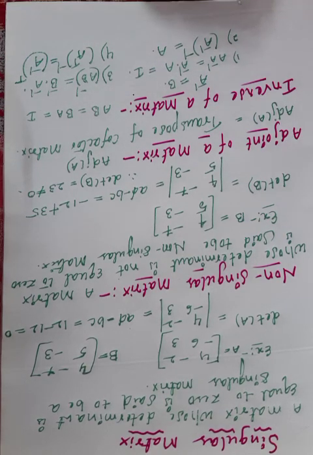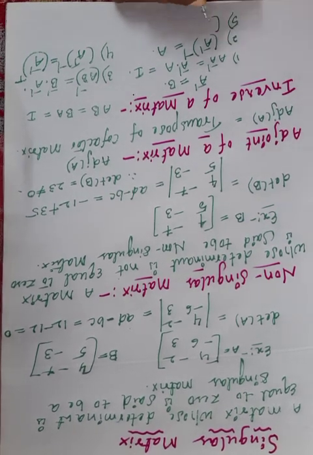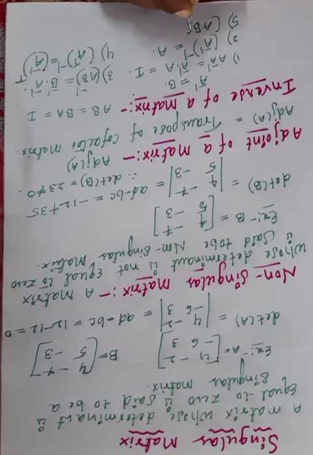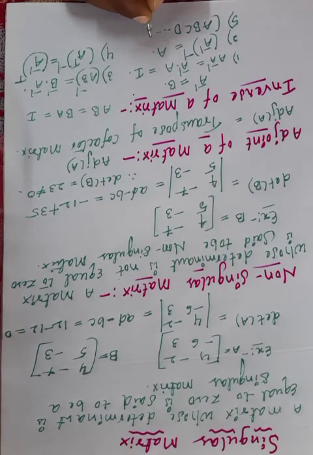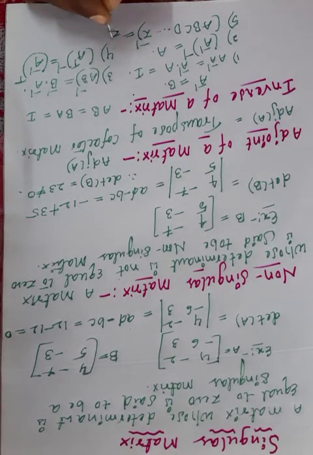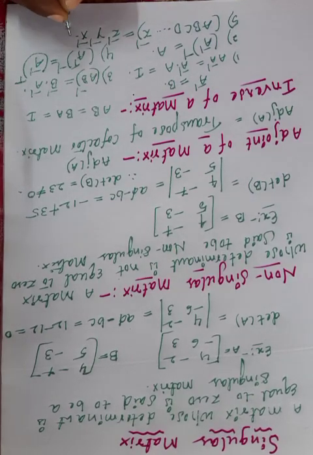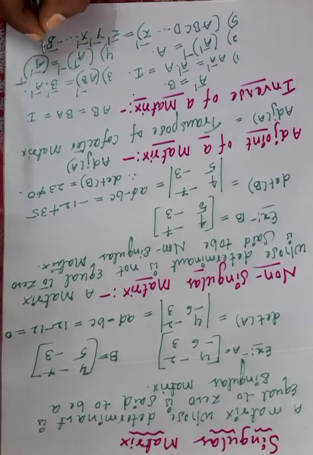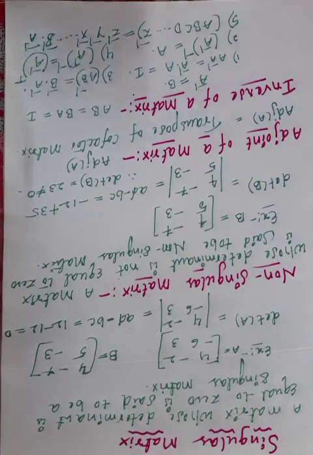And in general case, A into B into C into D and so on up to Z inverse is equal to Z inverse, Y inverse, X inverse, and so on up to B inverse into A inverse.